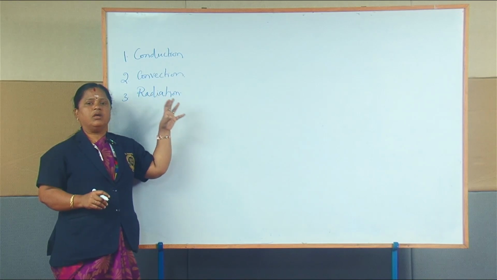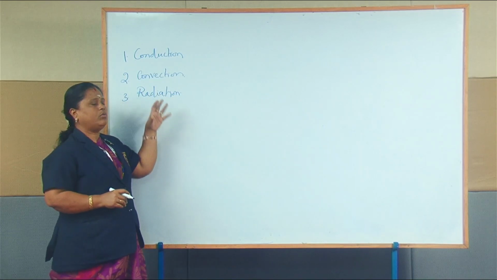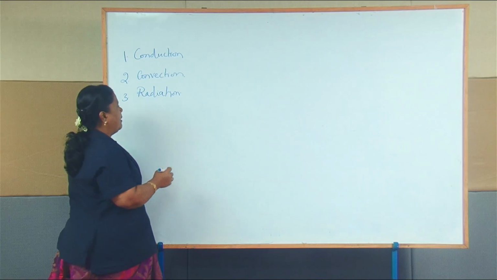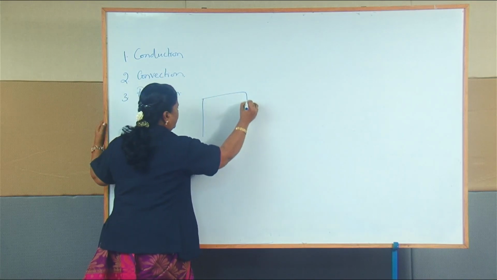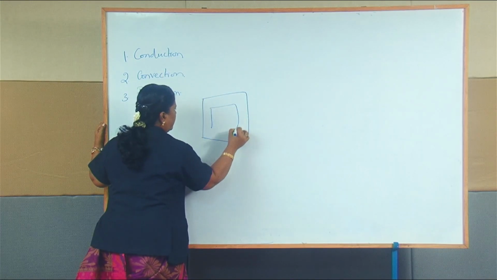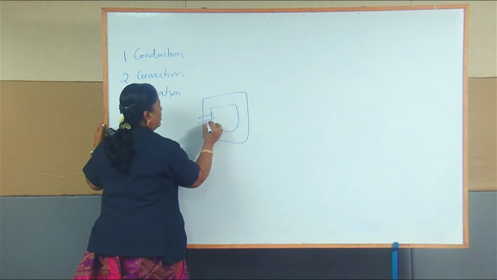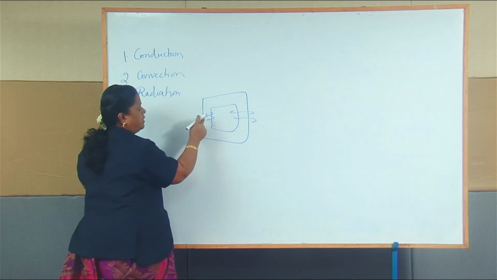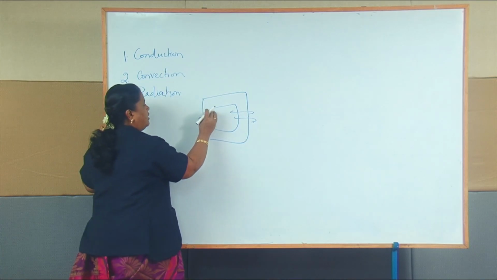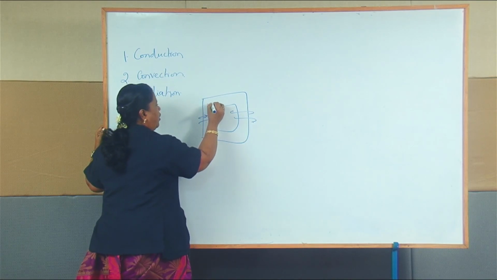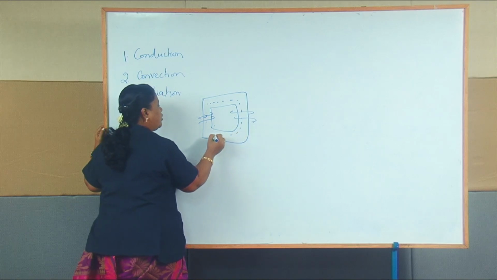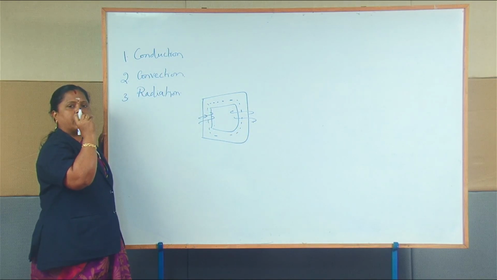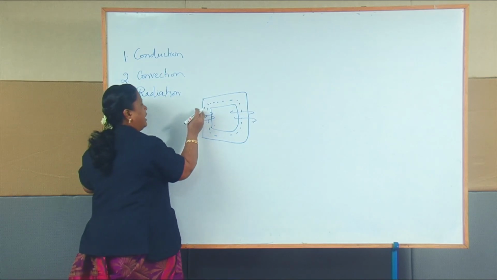Now how in a transformer do these three ways help in dissipation of heat? If I consider a transformer, when a current is carried by the transformer, the heat produced in the inner core will be much higher compared to the external surface.